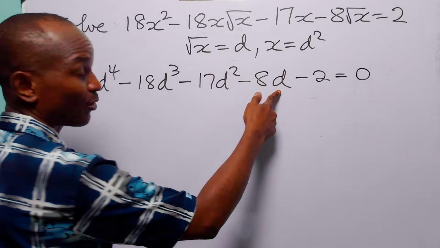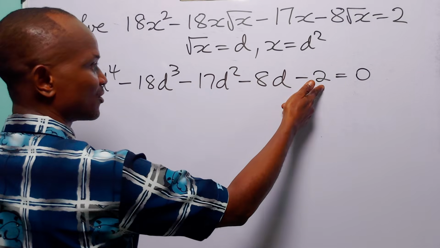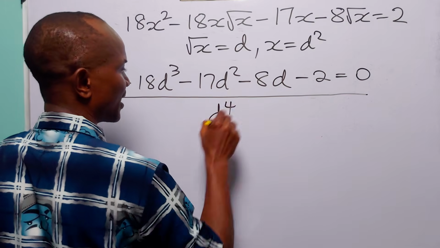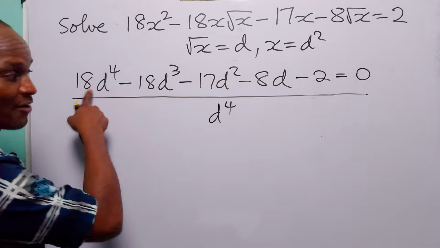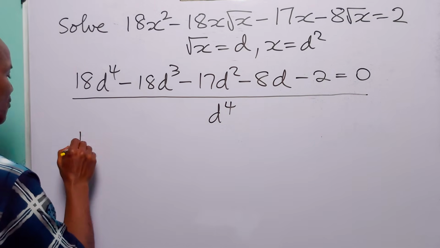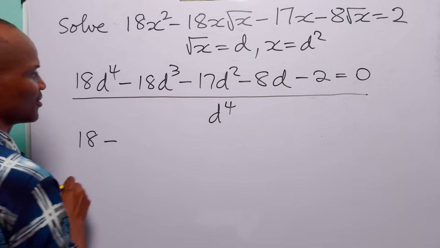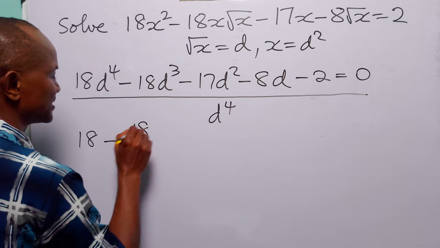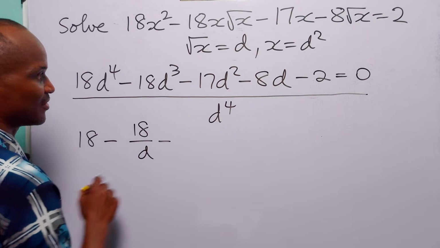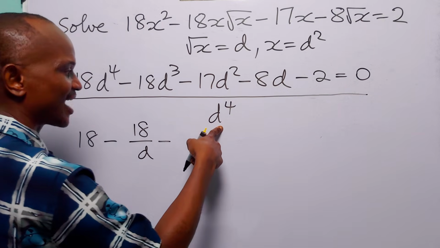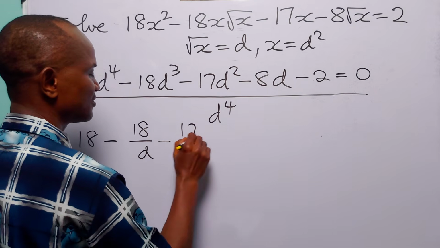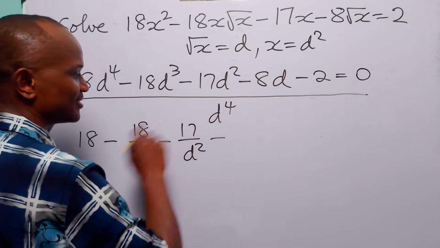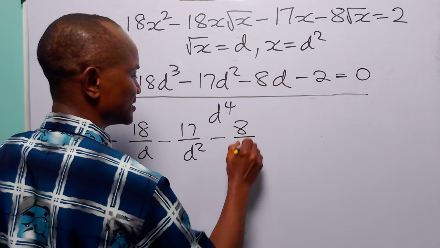Now since d equal to 0 is not a root of this equation, let us divide through this equation by d to the power 4. 18d to the power 4 divided by d to the power 4 is equal to 18, minus 18d cubed divided by d to the power 4 is equal to 18 over d, minus 17d squared divided by d to the power 4 is 17 over d squared, minus 8d divided by d to the power 4 is 8 over d cubed.